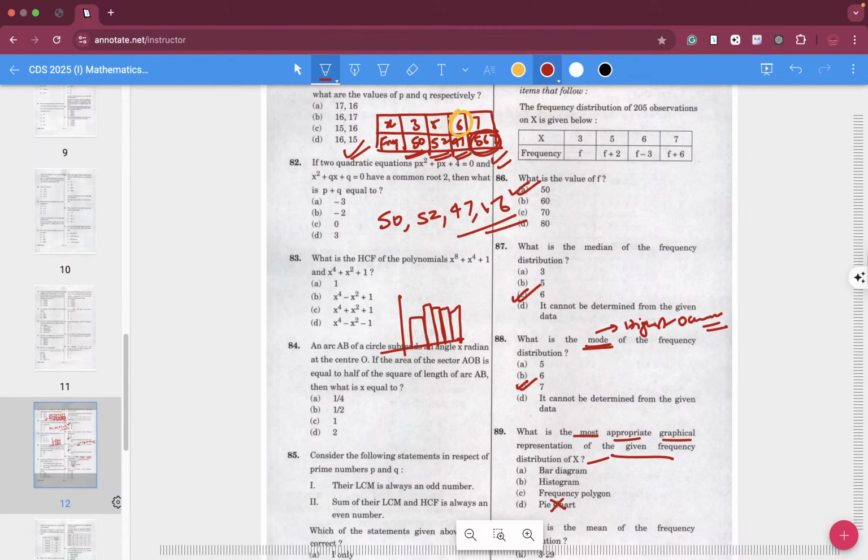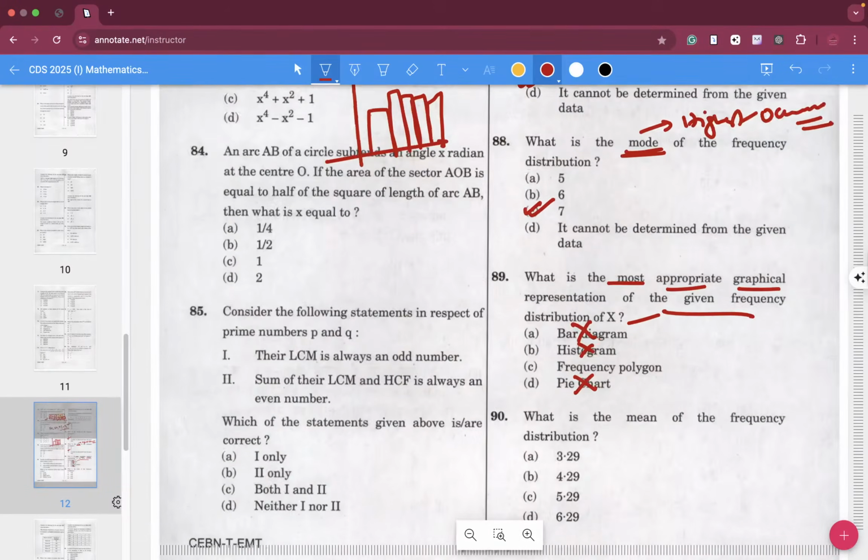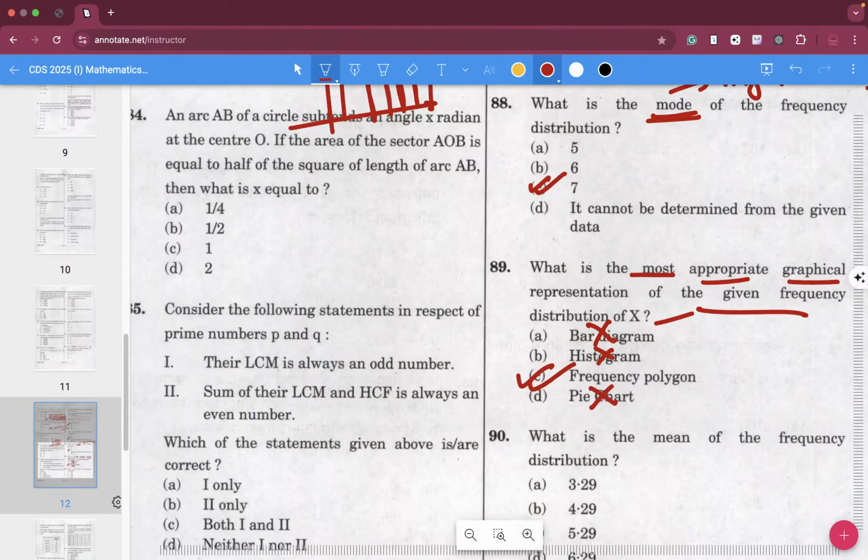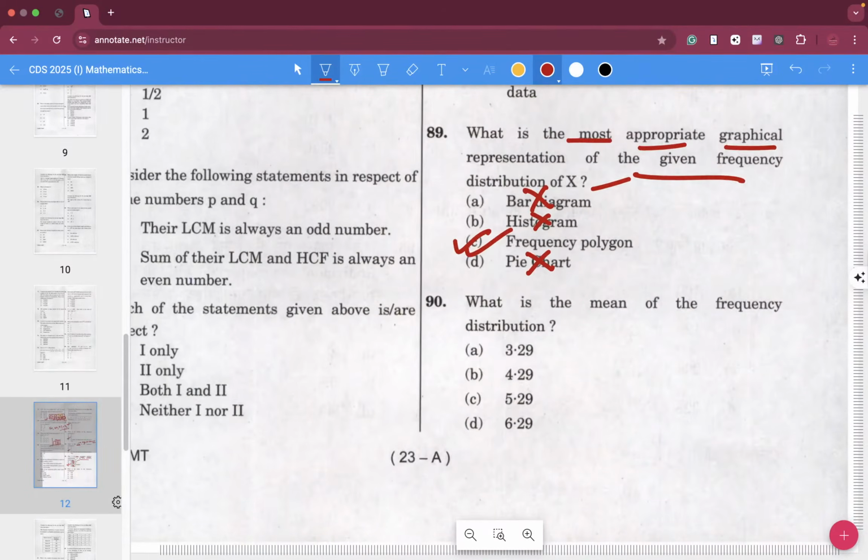So bar diagram and histogram don't give you any solution in that case. You have only one type of representation left over here, which is the frequency polygon. So C will be the answer to this particular question, right?